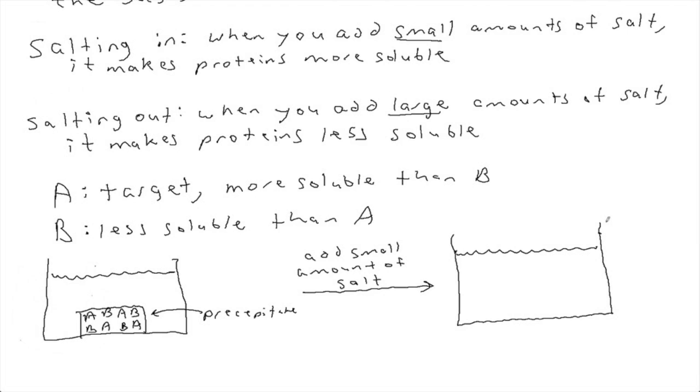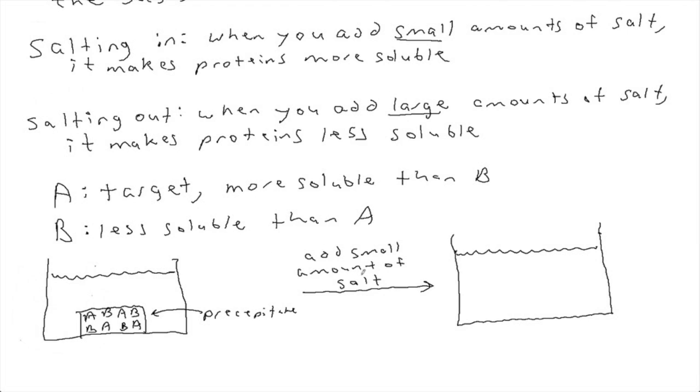What will be the result of that? It's going to break apart. And what's the name of that breaking apart process? It's going to dissolve. That's right. When the precipitate breaks apart, that's called dissolving.